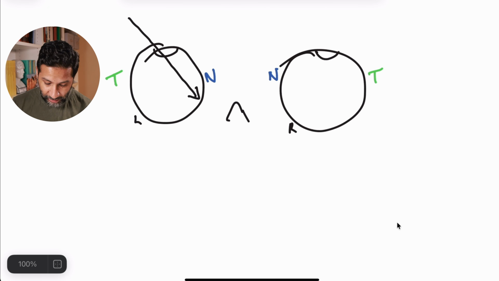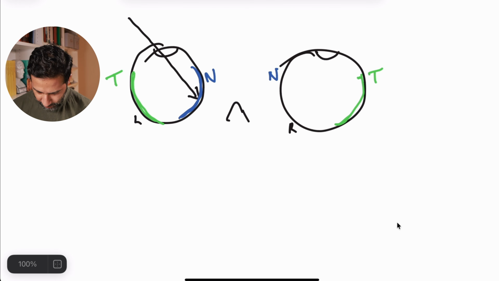And that is really hitting the nasal fibers on that side. I'm going to make these fibers nasal, and we're going to make these fibers green, which is temporal. And same here, we've got temporal fibers and we've got nasal fibers here.